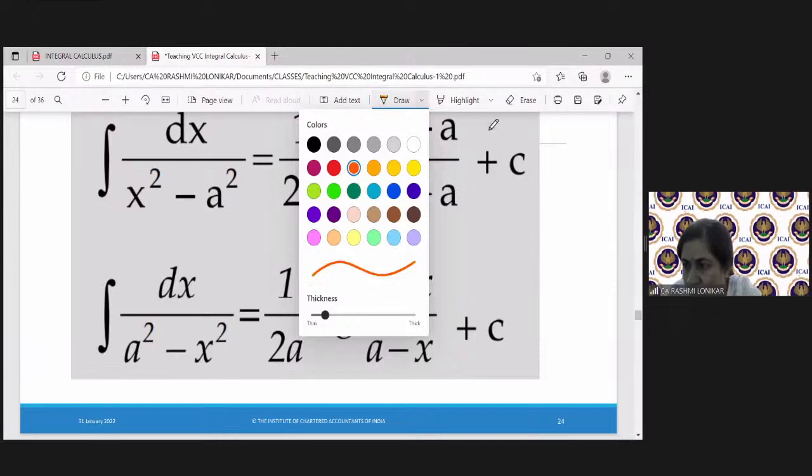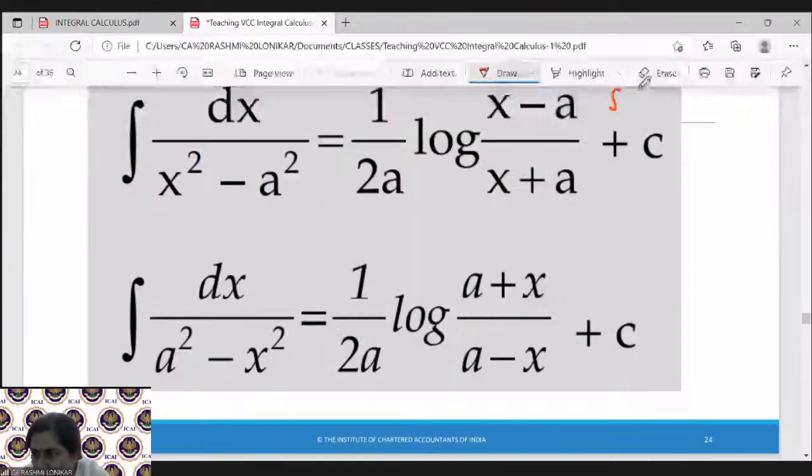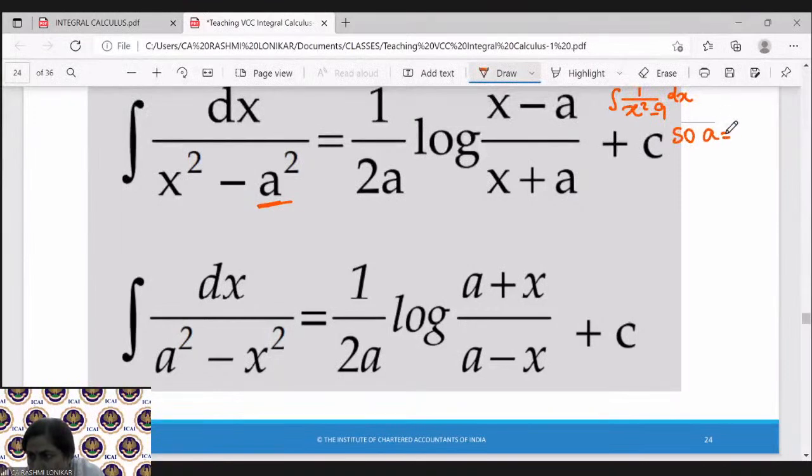Suppose I have been asked to find the integration of 1 upon x square minus 9 dx. Here you have to be careful that it is a square. So this 9 is a square, so a square is equal to 9, so a is equal to 3.